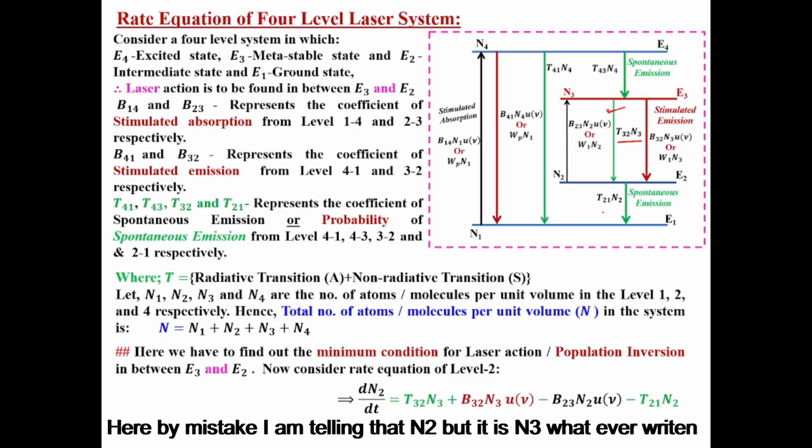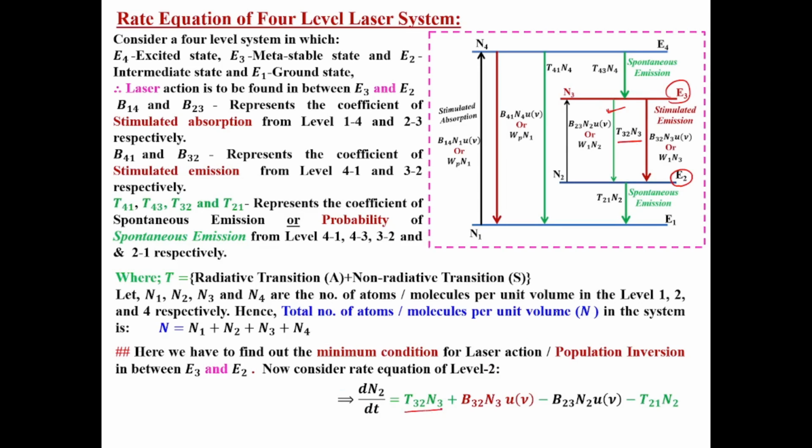So the rate of spontaneous emission from E3 to E2 is nothing but T32 into N2. Likewise, the rate of stimulated emission from E3 to E2 is this one, B32 N3 U mu.